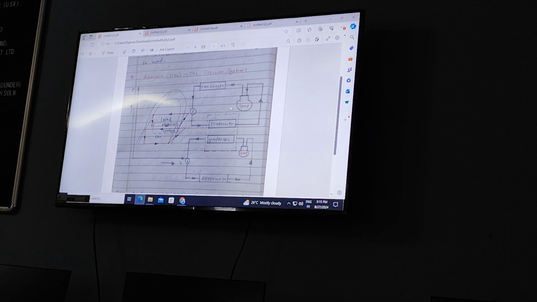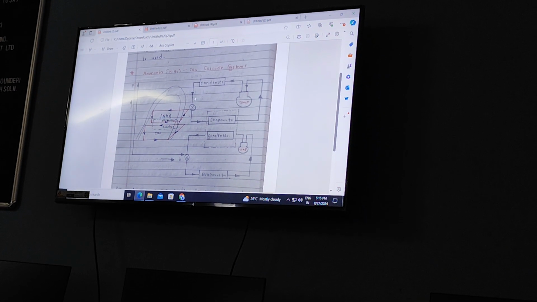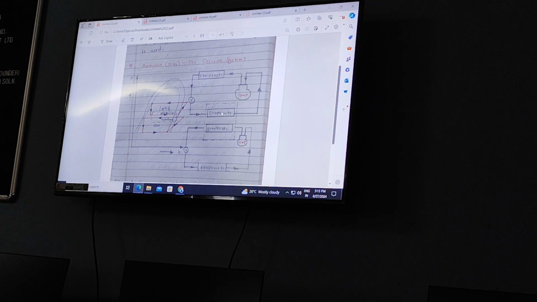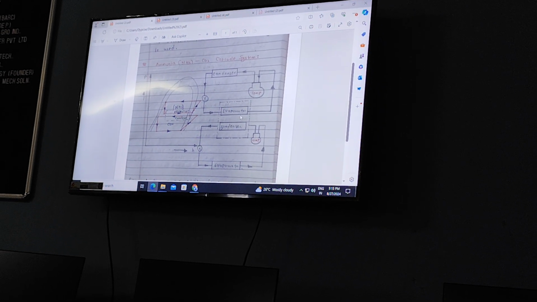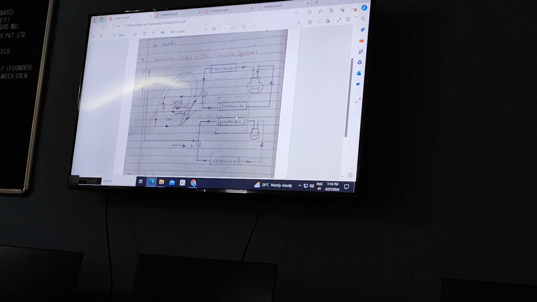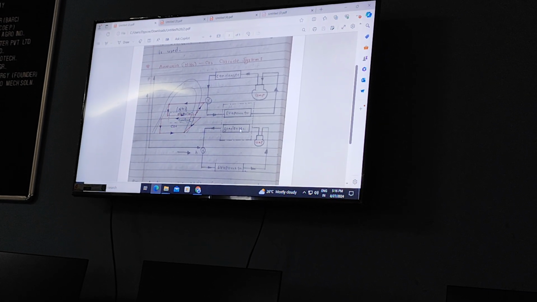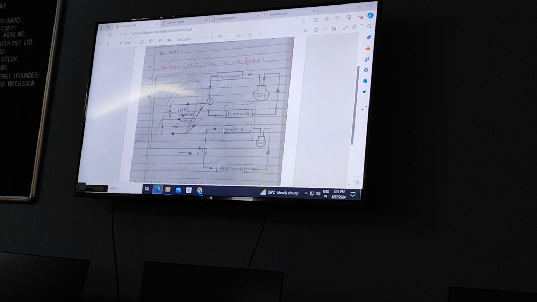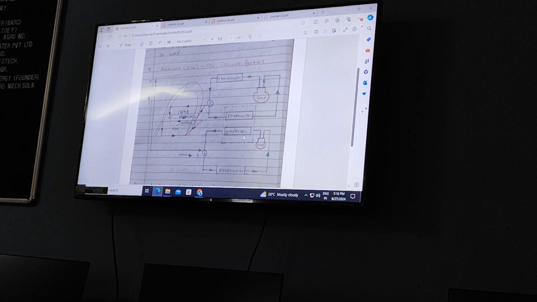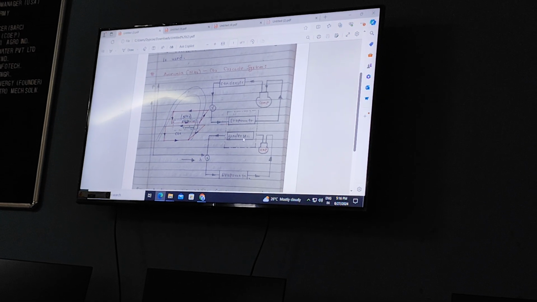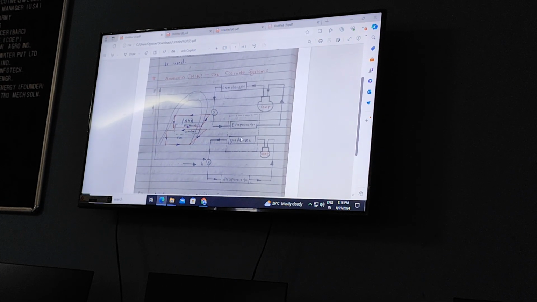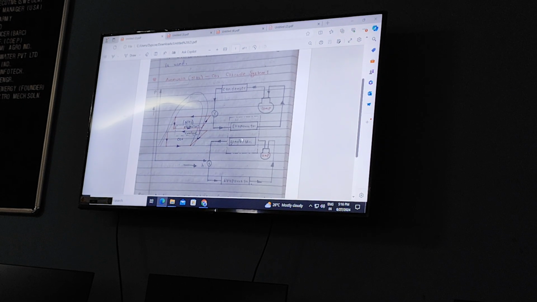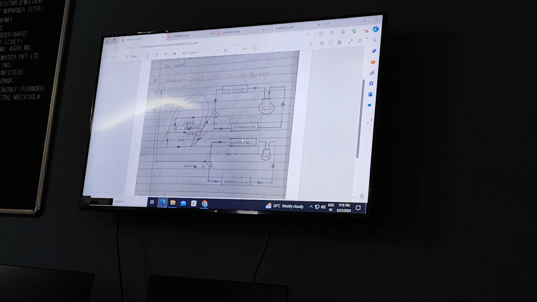Suppose by this VCR cycle at the evaporator of ammonia we get minus 20 degrees centigrade, and suppose effectiveness is 100%. So what will be the condenser temperature of this CO2? Minus 20. But this condenser has minus 20 degrees centigrade temperature as well as high pressure.